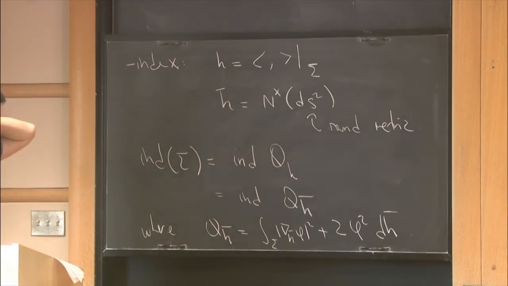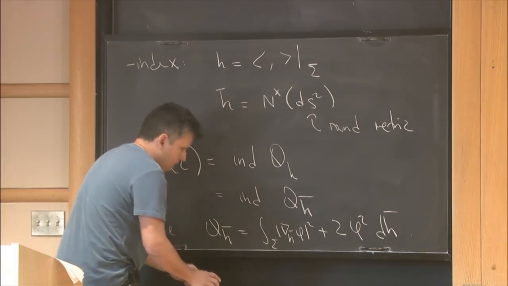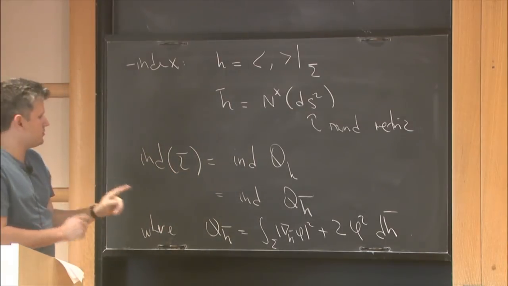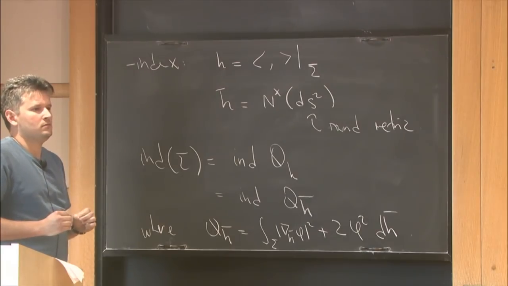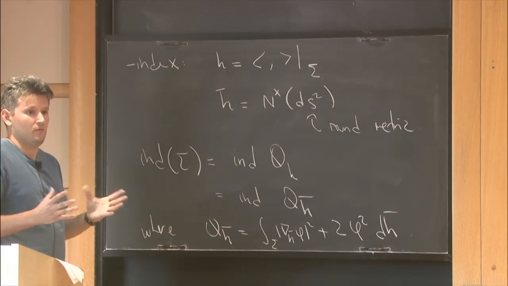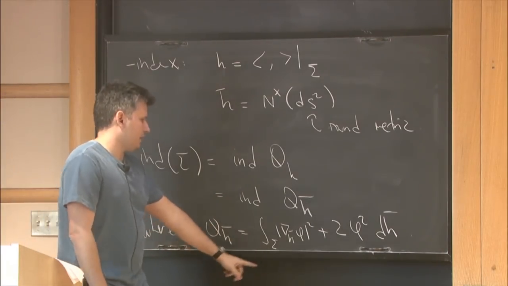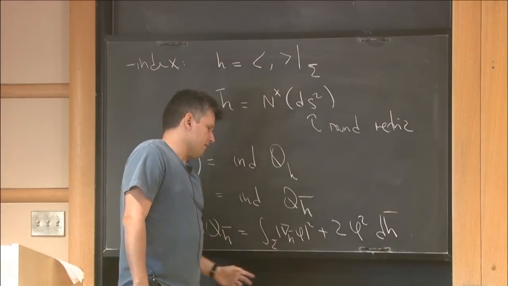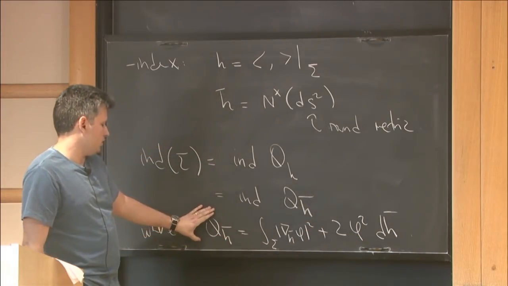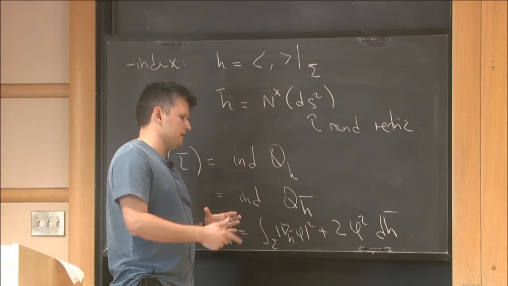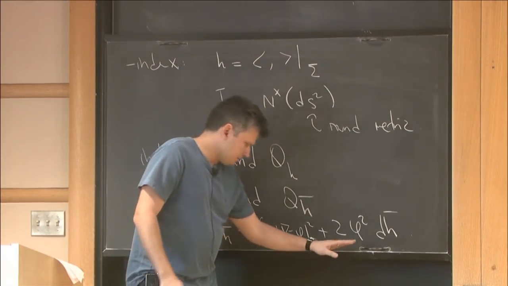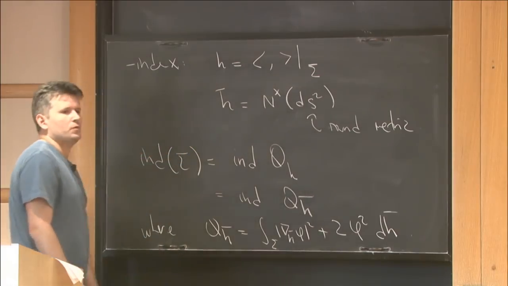Okay? So why would I be interested in doing that? Well, it's because this metric h bar has constant curvature equal to 1. It's the metric of the sphere. And if I want to understand the eigenvalue problem for Q of h bar, I have to understand the eigenvalues of that metric which are less than 2.